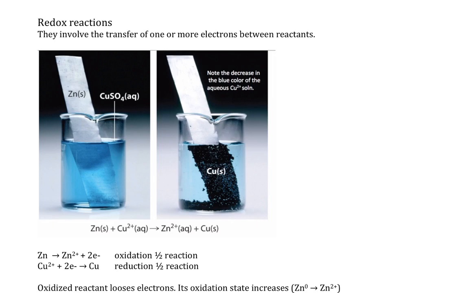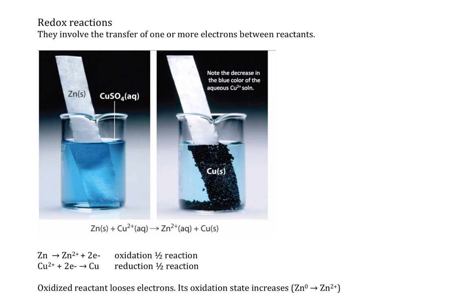The sulfate is not changed. What we have is zinc, the atom, has gone to zinc 2+ the ion, and we have copper 2+ the ion has gone to copper the atom. The copper 2+, that's what makes for that blue solution. Well, if we have less of it, we get a lessening of the color.